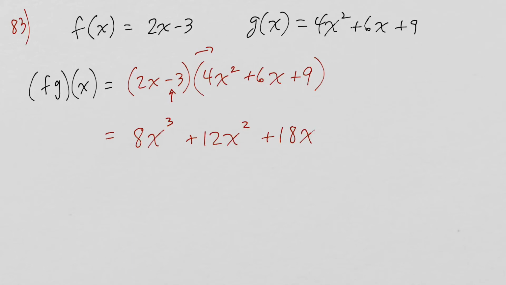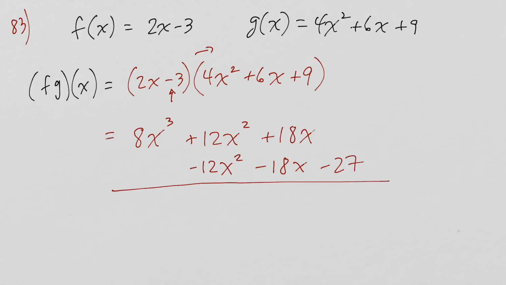I get negative 12x squared, and I'll put that right here, minus 18x, I'll put that right there, minus 27. So notice that these columns add up to 0, and they're gone. So your final answer is 8x cubed minus 27. And that's it.